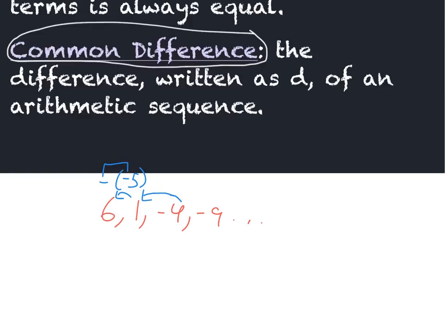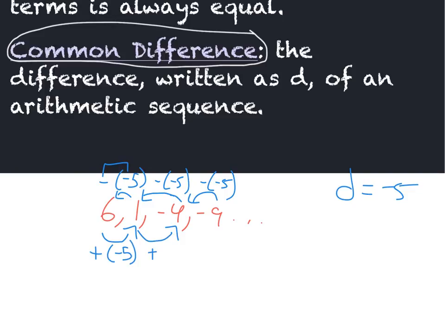From -4 to 1, we are subtracting by -5. From -9 to -4, we are subtracting by -5. So there is a common difference, and that common difference is -5. Or we could go about this by seeing if there's a pattern. Well, from 6 to 1, what am I doing? I am adding -5. From 1 to -4, I am adding -5.